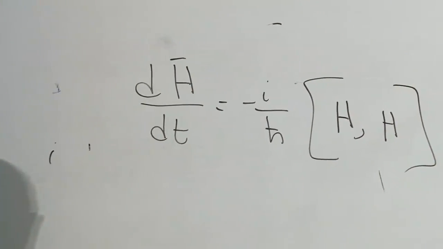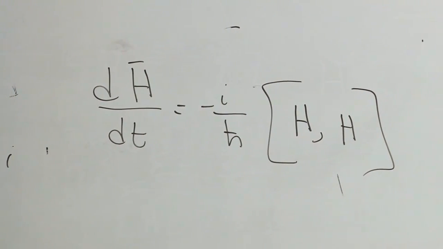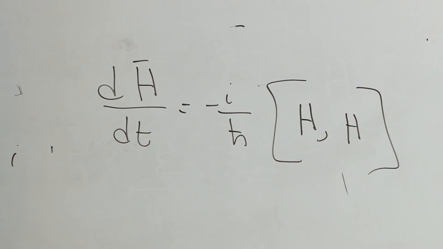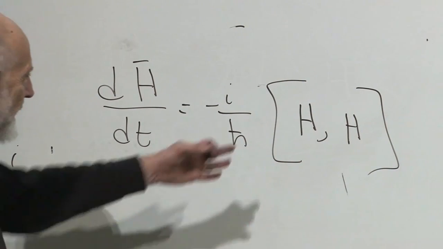The Hamiltonian with itself is H times H minus H times H. Well, quantum mechanics is not that weird. You know, it's weird. But H times H is the same as H times H. So this is 0.